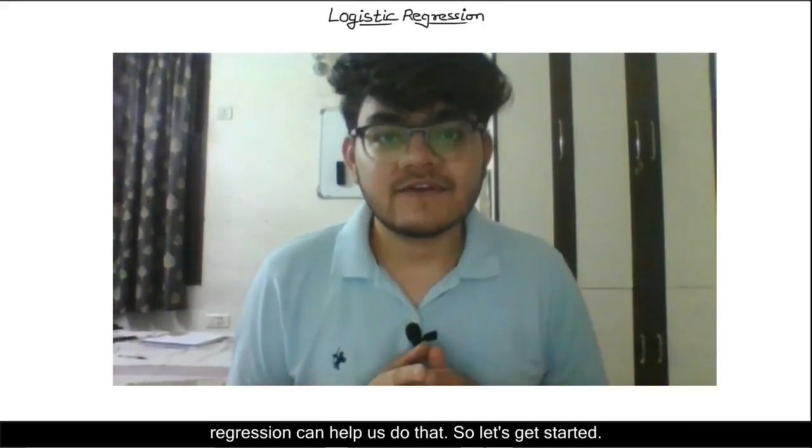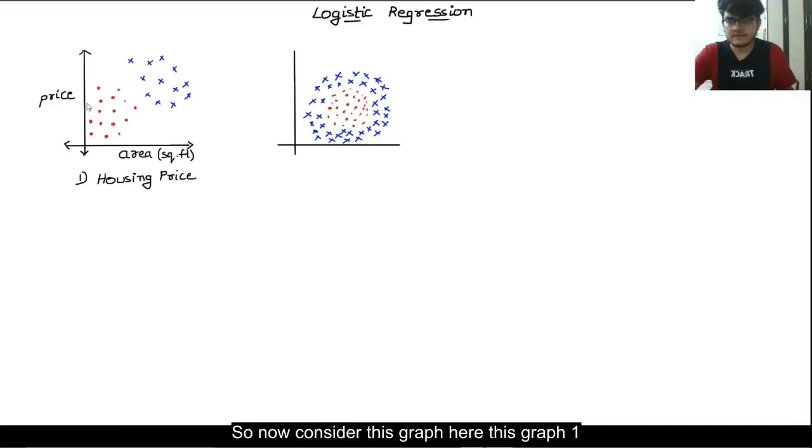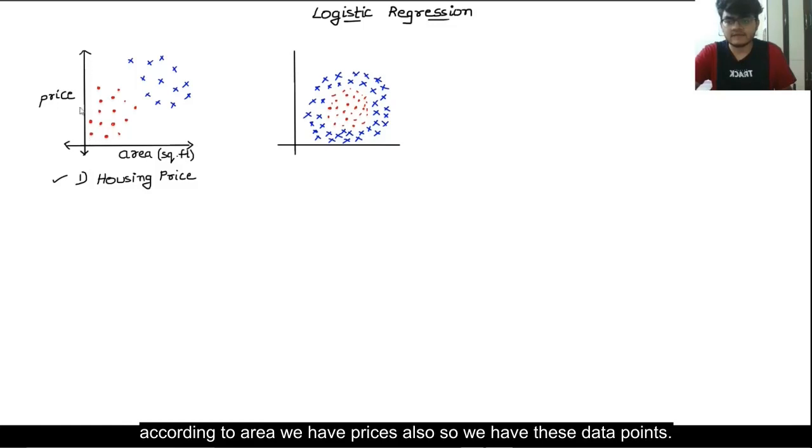So let's get started. Consider this graph, graph 1. I have plotted some points on this graph using the housing price dataset. In the dataset, we have the area, and according to area we have prices also. So we have these data points, which means that we are going to do supervised learning.